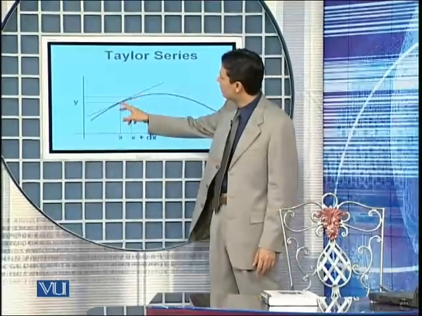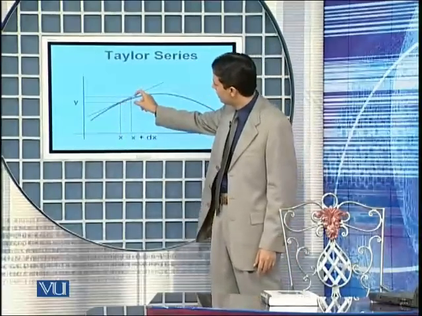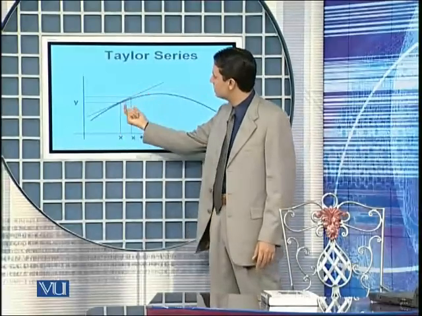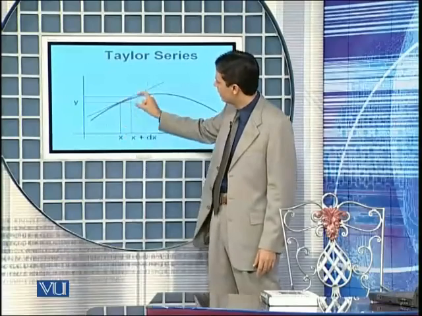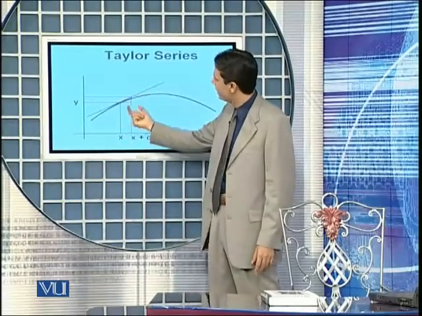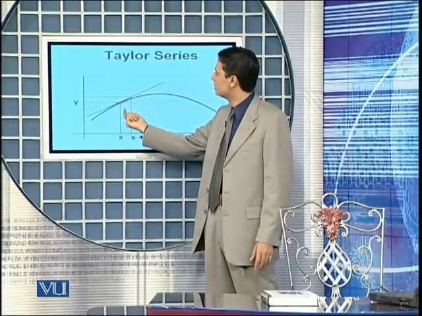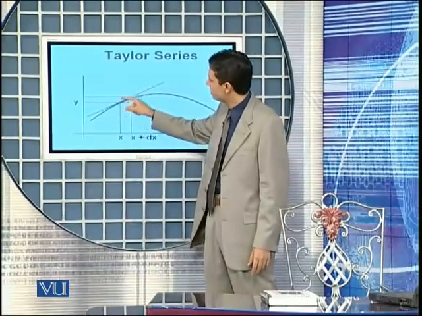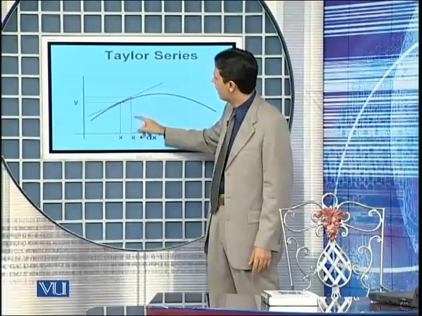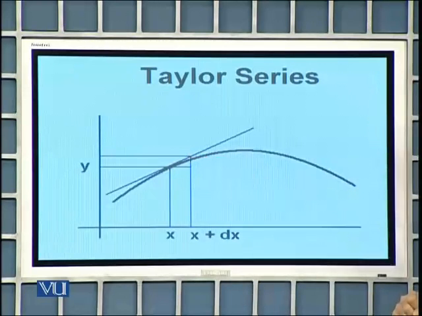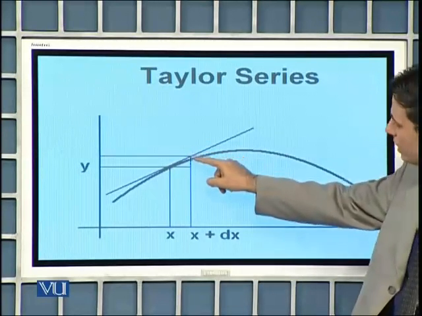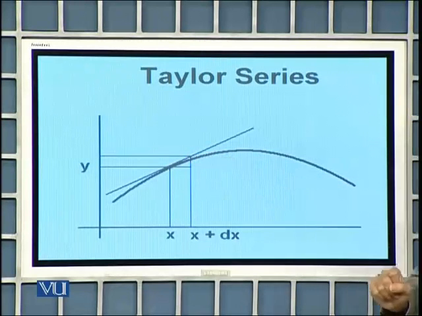Because the slope of a triangle is the vertical distance divided by the horizontal distance. So the slope, the derivative, is equal to this difference in heights divided by this. So if you add this to this y, you will get this height, which is the upper corner of the triangle. And this is very close to the actual value of the function.